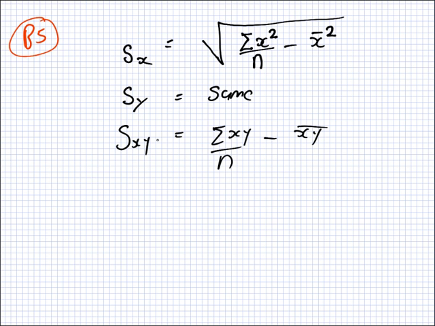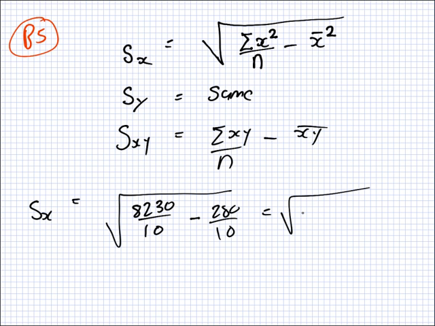So the first thing they want is sx. Using the formula, and they tell us in the question what the sum of x squared is, it's 8230 over 10, which is nice, minus x average, which is 280 over 10, squared.